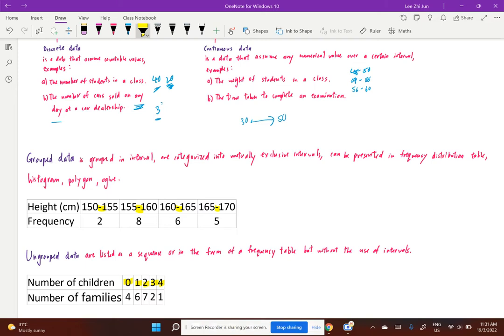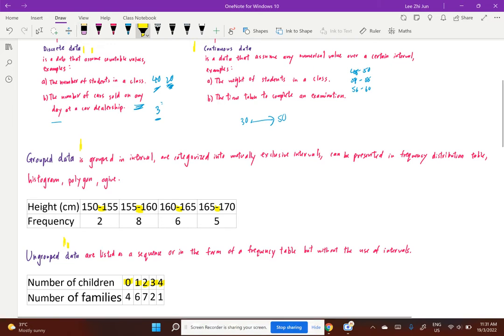So the differences between these four: discrete, continuous, grouped and ungrouped. The discrete and the ungrouped, they do not have the range, do not have the interval, while the continuous and the grouped data have the interval like that.